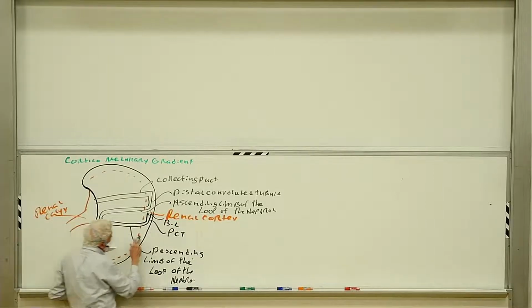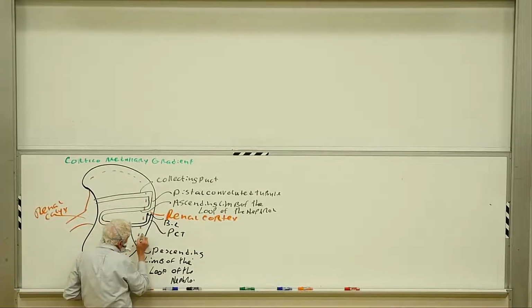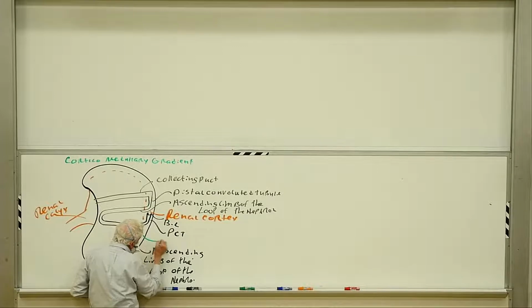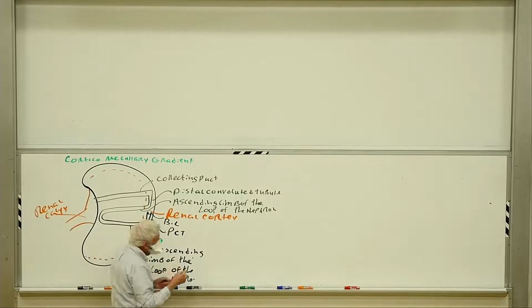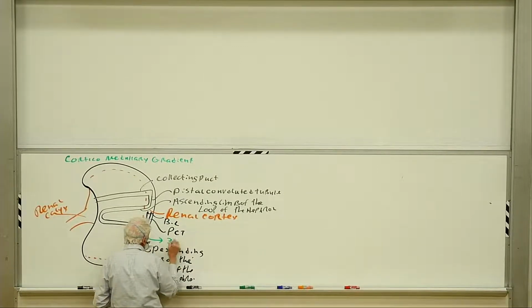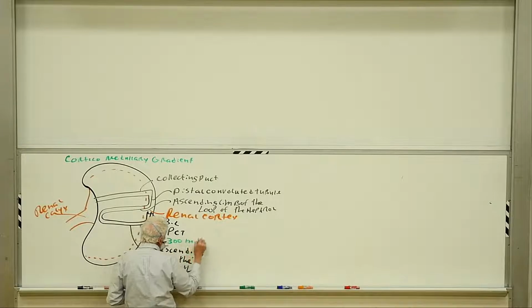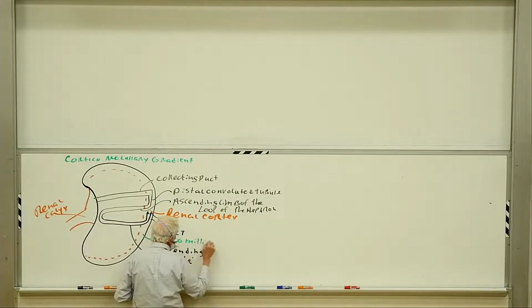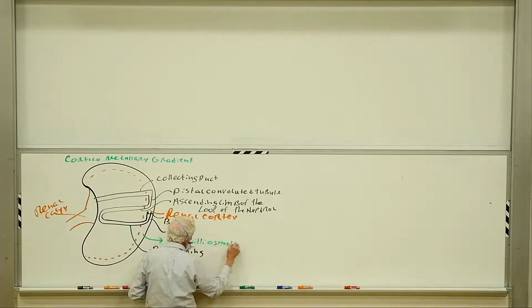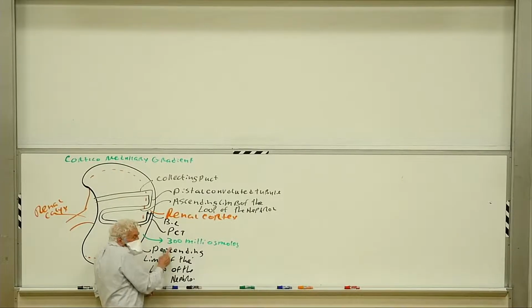When we look at the concentration of ions and small molecules out here in the cortex, we're in the neighborhood of about 300 milliosmoles. About 130, 140 of this is from sodium, another 110 from chloride, some from bicarbonate, some from other ions. Now, that's the osmolarity.